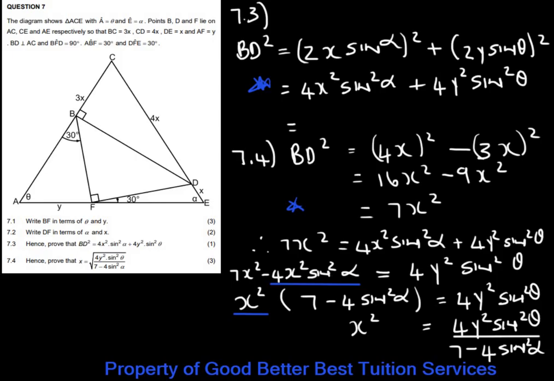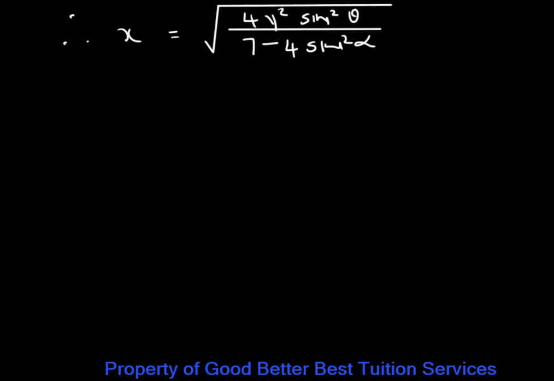And I need to find the square root of that. So x is equal to the square root of 4y squared sine squared theta divided by 7 minus 4 sine squared alpha.